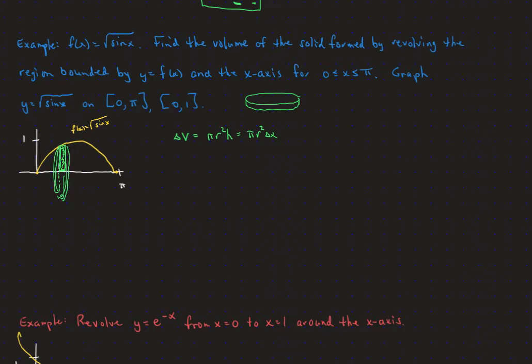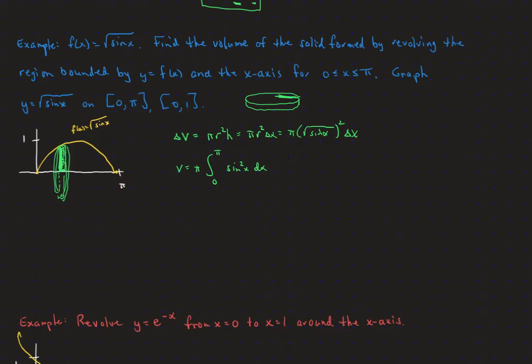The radius of our disk is this distance right here, which is our function, the square root of sine x. So we get pi times the square root of sine x, squared, times delta x. So our volume is going to be pi times the integral from 0 to pi of sine squared x dx.